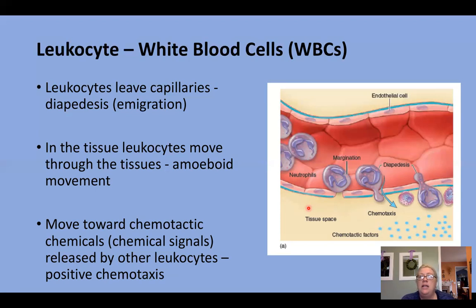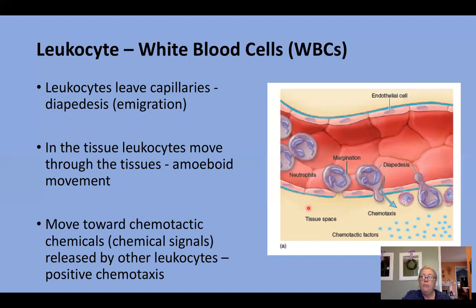So when a white blood cell is out checking things out, if they come across something that needs to be destroyed, they will start the process of destroying that pathogen, but they will also release chemicals into the tissues that will signal the alarm for more leukocytes to come that way. So these chemotactic chemicals are kind of like warning signals or tracers for other leukocytes to follow, so they know that they're needed in a specific area.